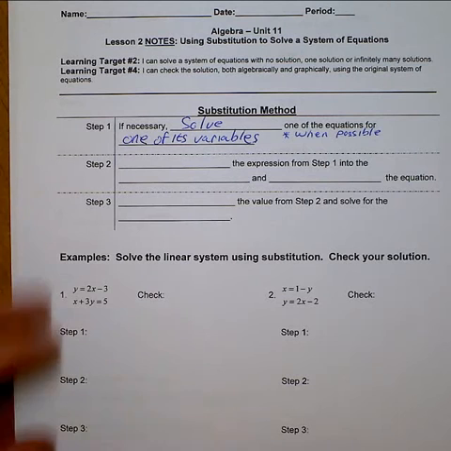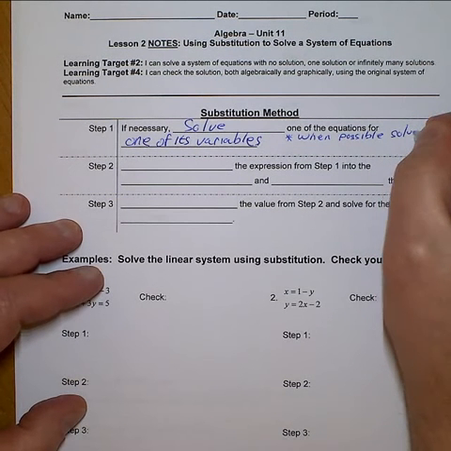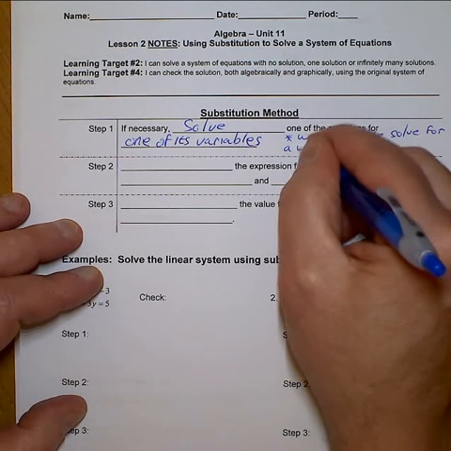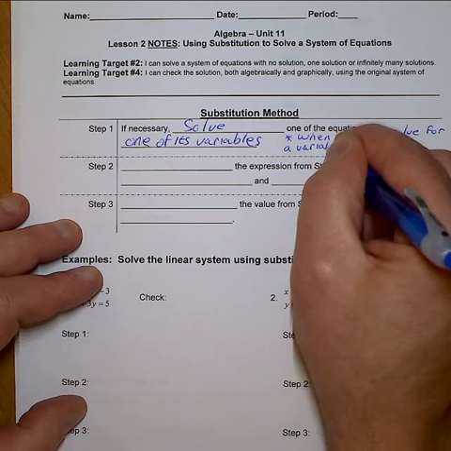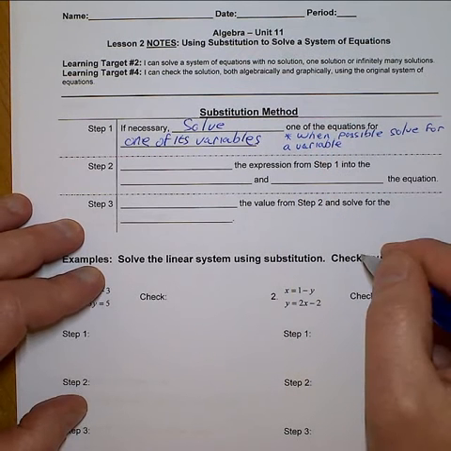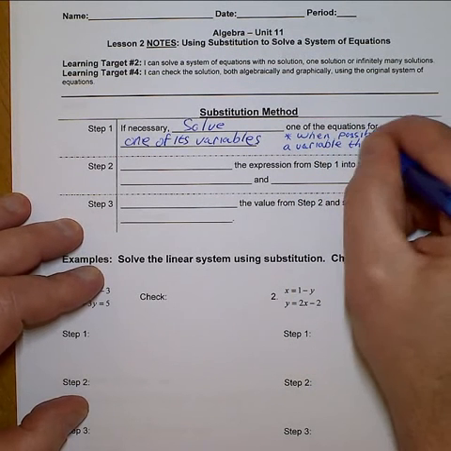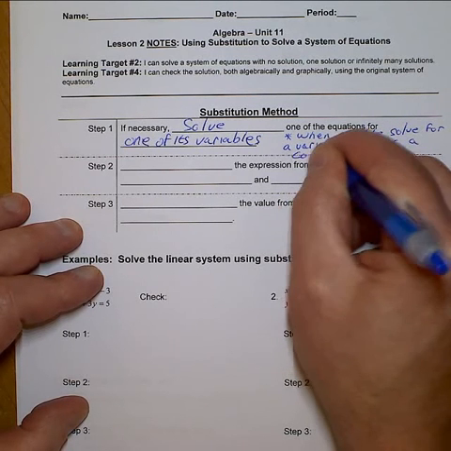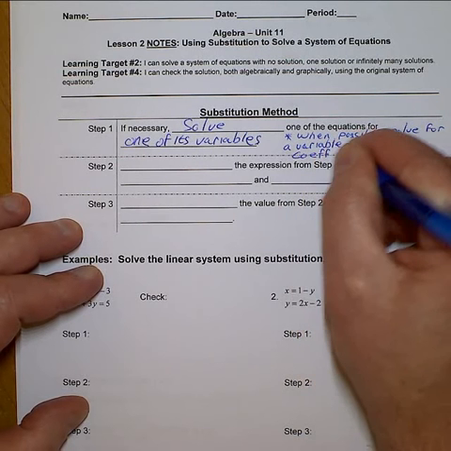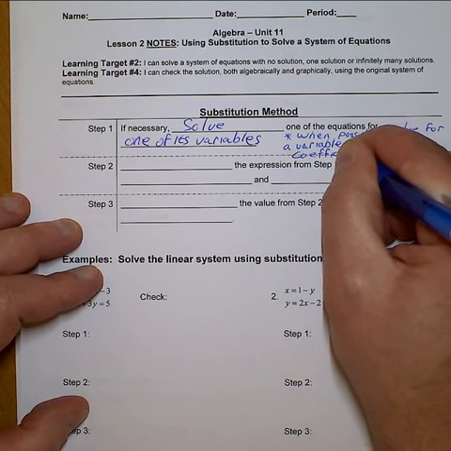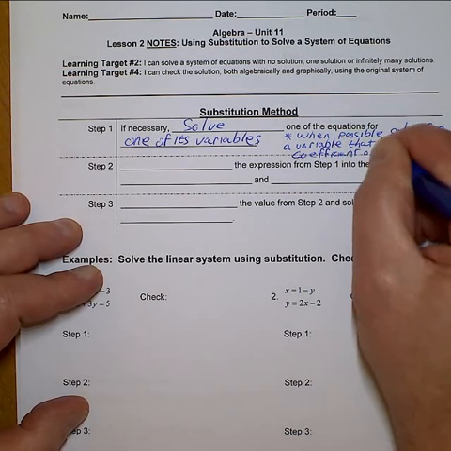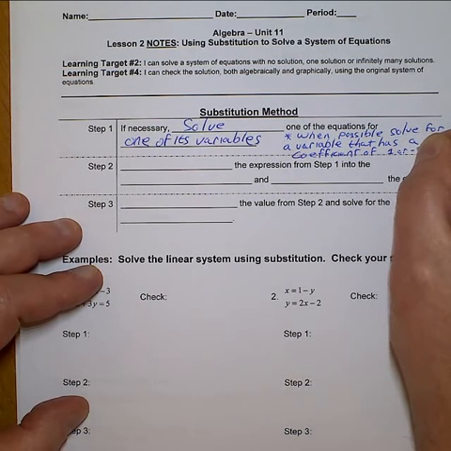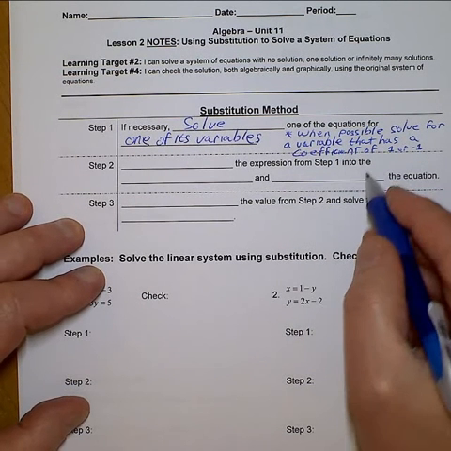So when possible, solve for a variable that has a coefficient of 1 or negative 1. We'll talk about why that's important. It'll make it much easier.